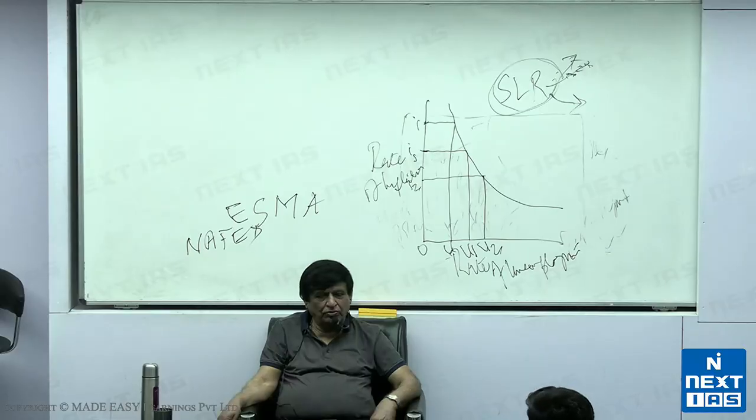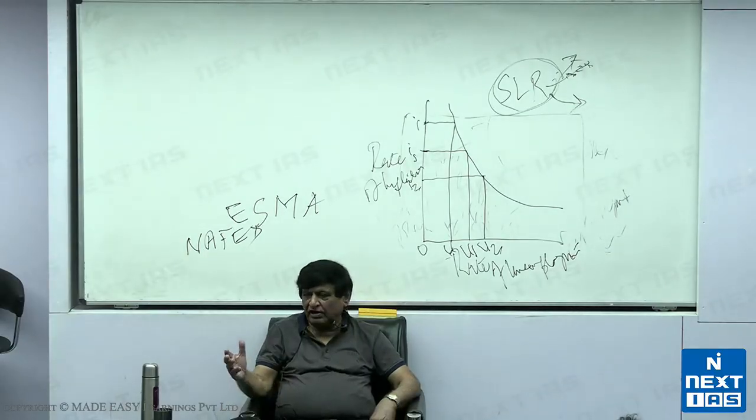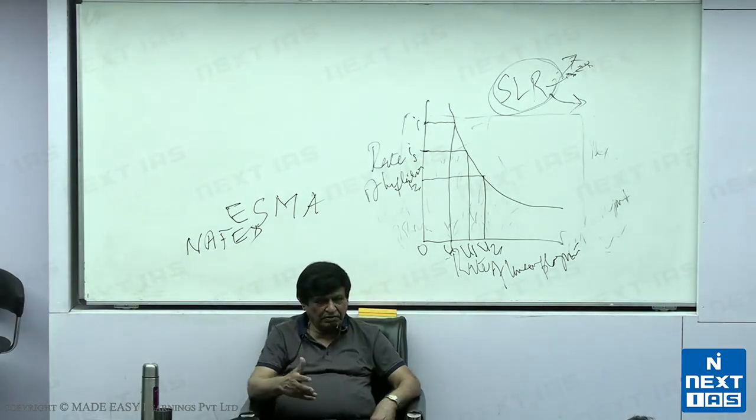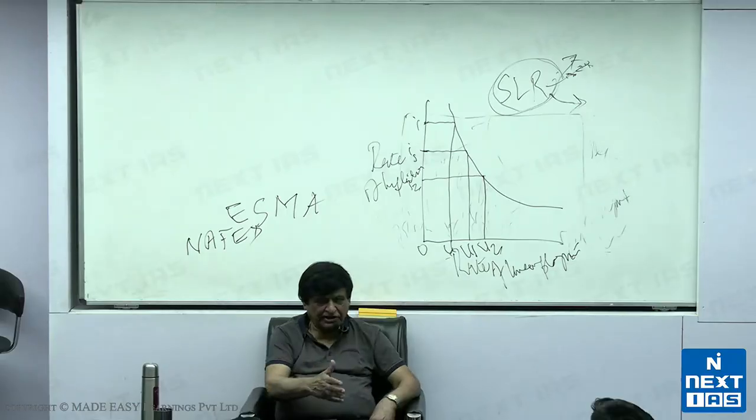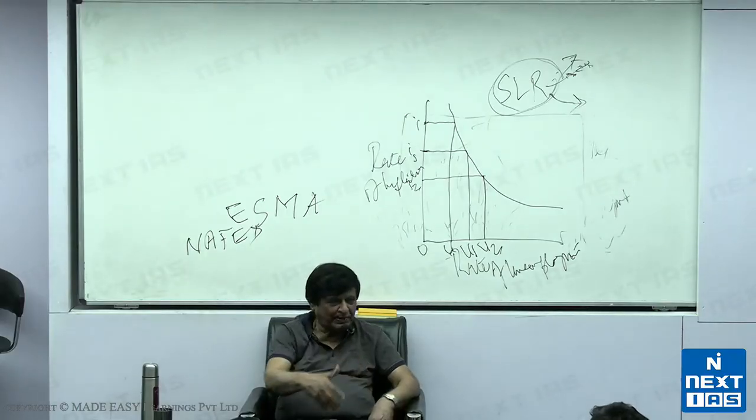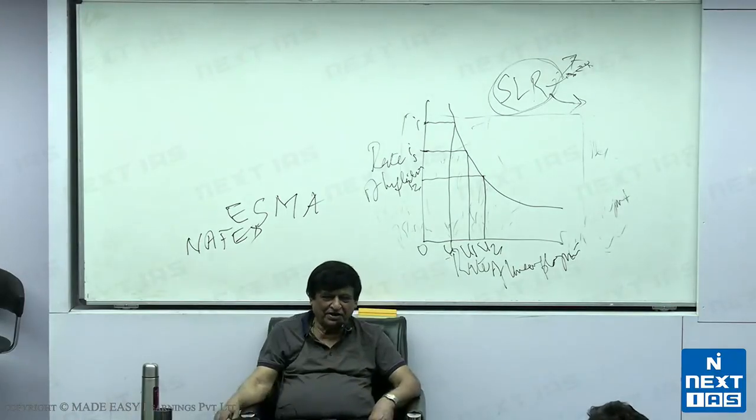I think you know, for 3 years together, the Federal Reserve Bank of the United States kept the interest rate at zero. The RBI, it is now that it has stopped. Otherwise, it was pumping credit and money into the economy, keeping interest rates low.